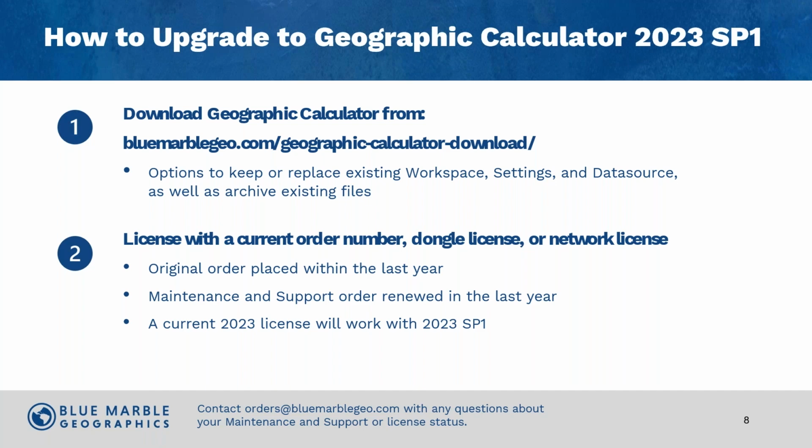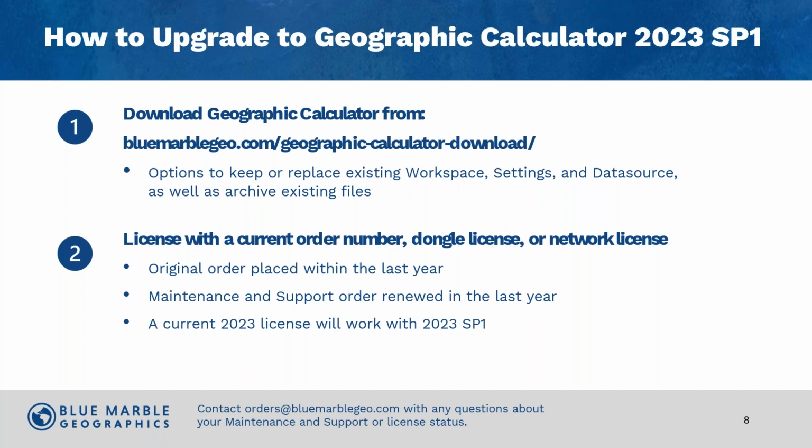So if you've been working in Calculator and have an existing customized workspace, if you have particular settings that you've changed, and if you've created custom objects such as that Bestfit coordinate system or the Similarity transformation, you don't necessarily want to lose those. So when you upgrade, you would select the keep option. There are actually 2 things, because it will give you an archive option, and it'll package up all your old files for safekeeping, and then it will keep those files.